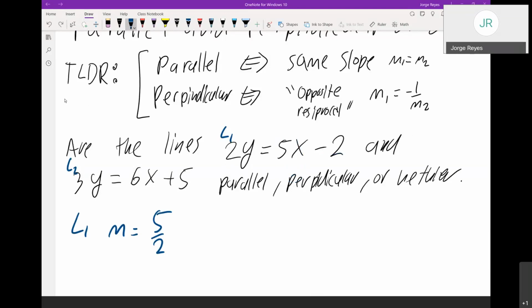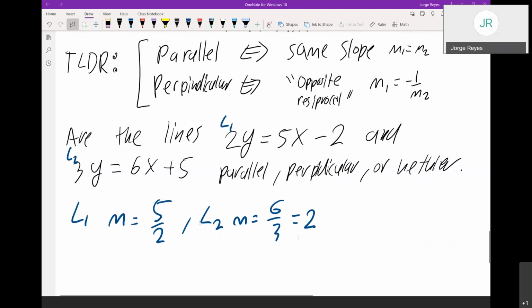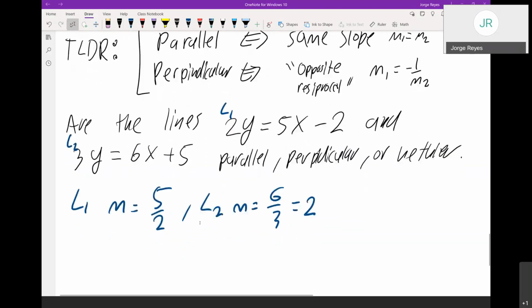Line 2 has slope 6 over 3, which is 2. So we can see that they're not parallel because they're not the same, and they're not perpendicular because they're not opposite reciprocals.